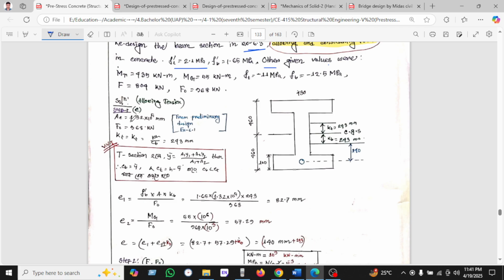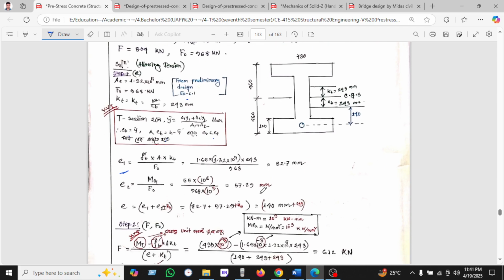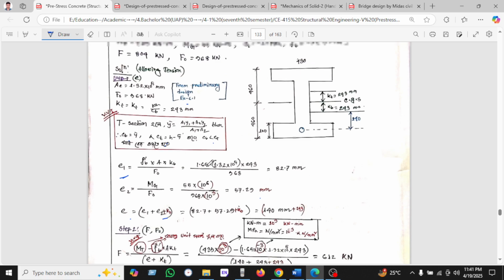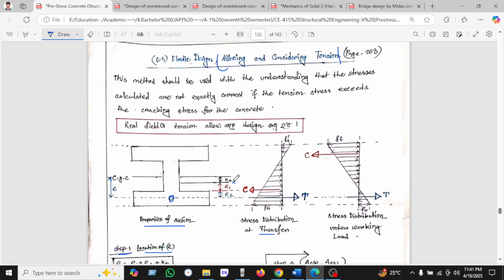We found this for the preliminary design, 6.1, and in the T section Y bar, then CB and TB, which is very important. Now E1 we use this formula, and E2 using this formula, and in total it will be E1 plus E2 into KB, as we have seen in this figure.